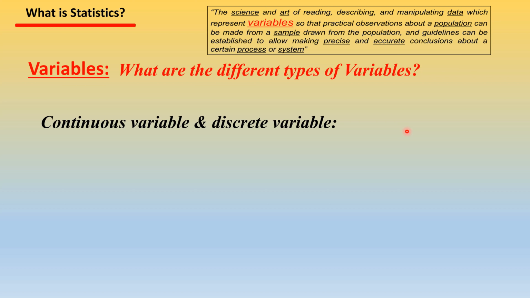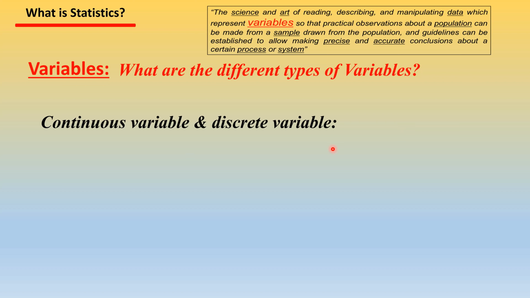Human age is a continuous variable. You could be 15 years old, 15 and a half, 16, any number. Your grade in a test is a continuous variable. You could have 60, 65, 75 and a half, 80.2. This is continuity, as you can see here.